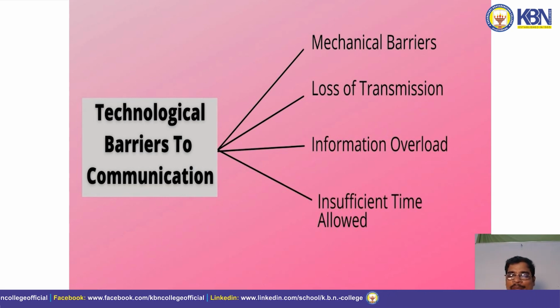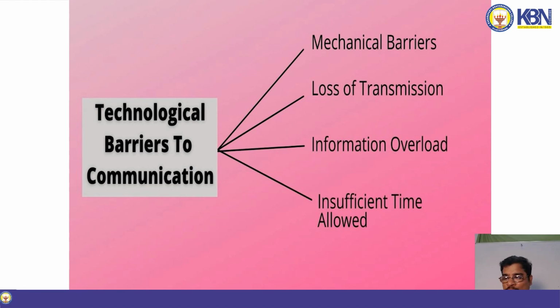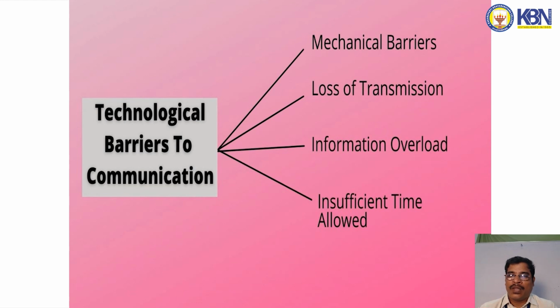Whatever topics they like most, or whatever content they understand well, those will be taken into consideration by the audience. So overloaded information should not be given at any cost. So overloaded information also leads to one of the technological barriers.